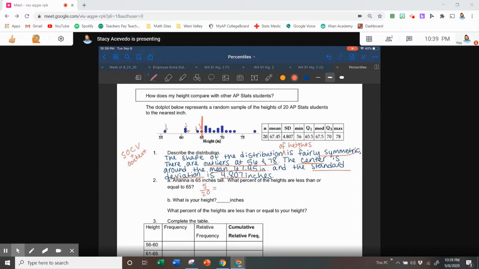You should get 0.25, and as a percentage, 25%. So we would say that this 25%, so at the 25th percentile, this is calculating a percentile.